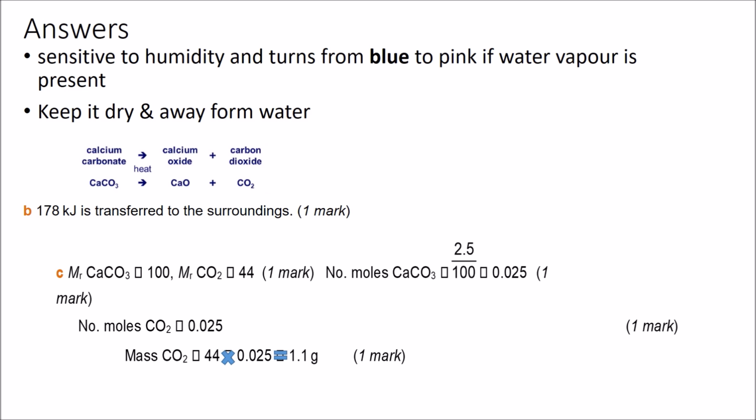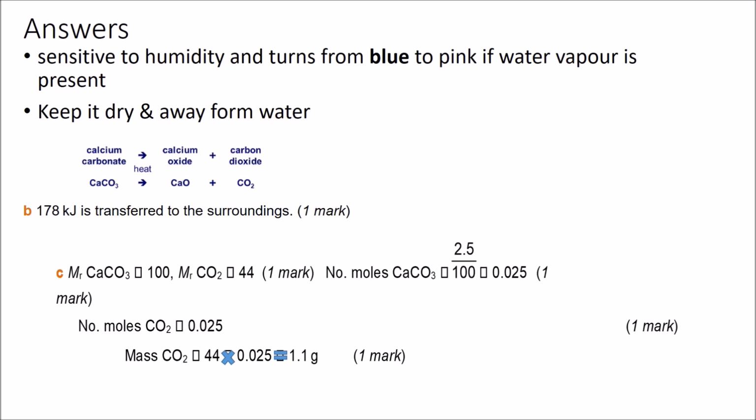Okay, and then last but not least, in order to calculate the mass of carbon dioxide created, you've got your calcium, carbon, and oxygen. Calcium carbonate has a molecular mass of 100. Carbon dioxide has a molecular mass of 44. So the number of moles of calcium carbonate is the mass, which was 2.5 grams, divided by 100, and then multiplied by 0.2, which equals 0.25, sorry.